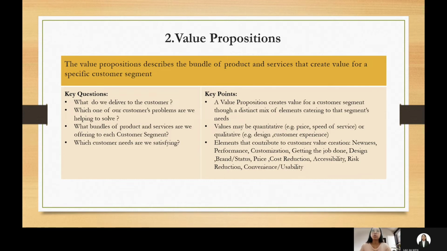The elements that contribute to customer value creation are such as newness, performance, customization, getting the job done, design, brand, status, price, cost reduction, accessibility, risk reduction, convenience, or usability. The questions may be asked are, what do we deliver to the customer and which one of our customer's problems are we helping to solve? What bundle of products and services are we offering to each customer segment and which customer need are we satisfying?